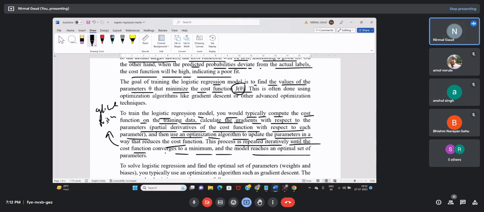So you should know each and everything. What is logistic regression, where it is used, how it is formed, what is the formula, what are the assumptions. You call it a regression, but you're using it as a classification. Why? What are the drawbacks of linear regression? Then what is the cost function for logistic regression?